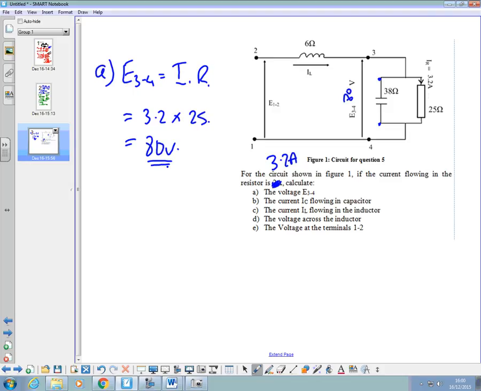The only reason it looks like that is because the resistor's got no angle. If I gave you the current through the capacitor, you'd have to bear in mind you'd then get a voltage at E34 that had an angle associated with it, a negative 90-degree angle.